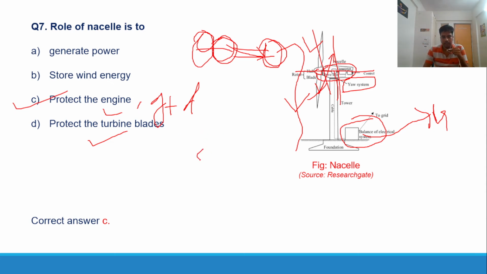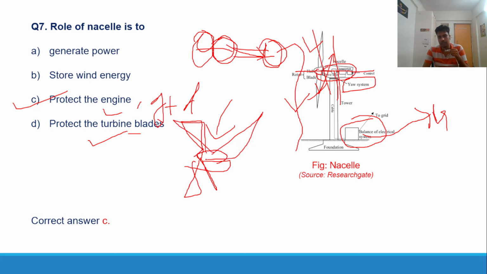If this is the turbine blades, wind is coming from this direction. The yaw system rotates the whole thing so that the winds are perpendicular to the blades. That is the main role of the yaw system here.